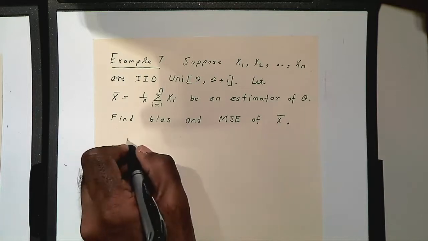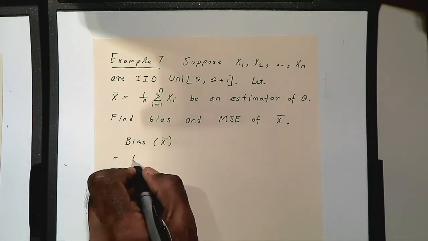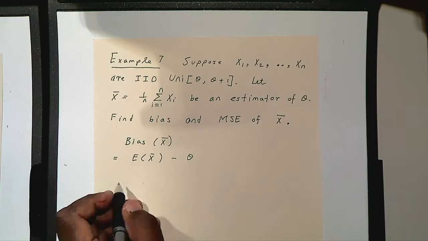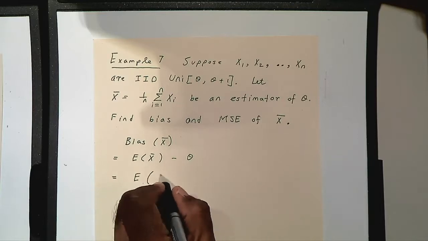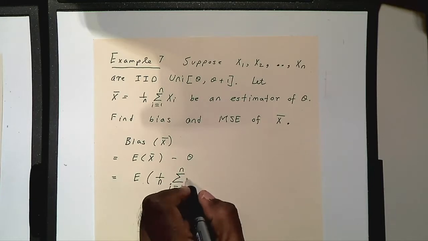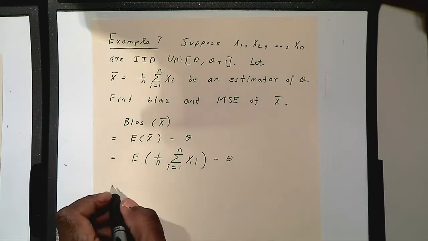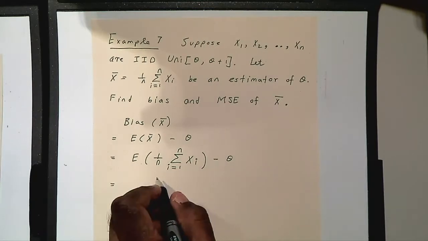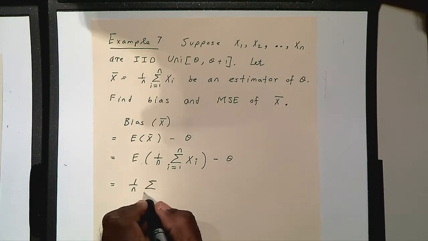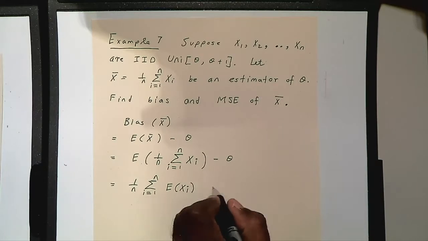So to define the bias, you see the definition of bias, I'm sure you know, is this, right? And this you can write as the expectation of X bar minus theta, and you should take the expectation inside. You get 1 over n times the sum of the expectation of Xi minus theta.